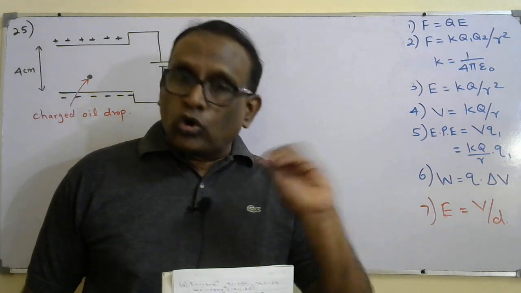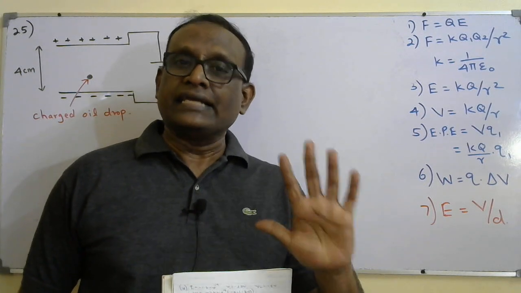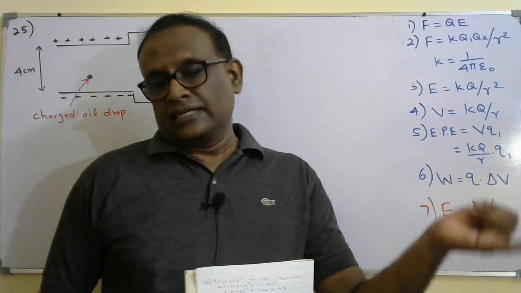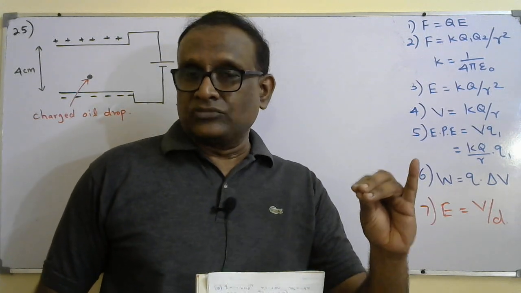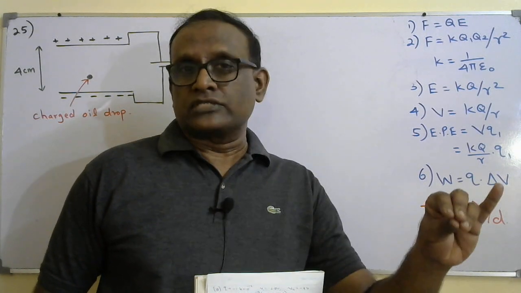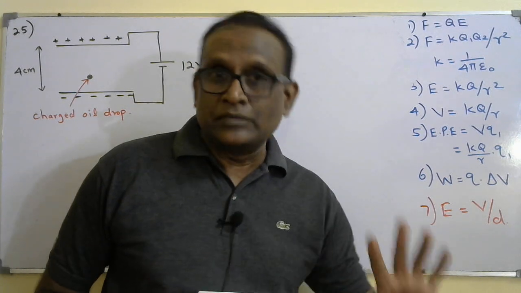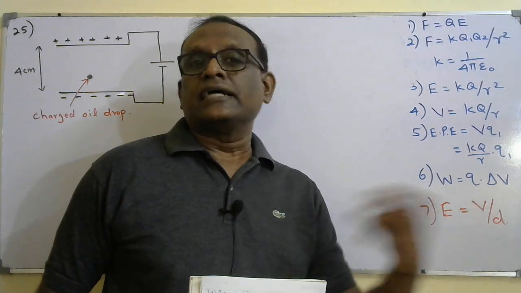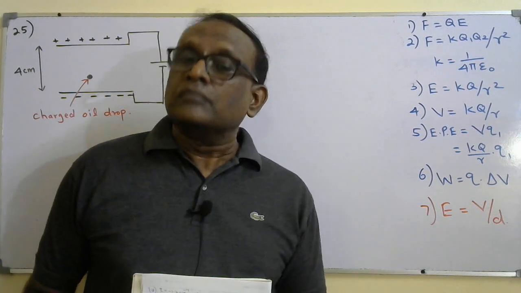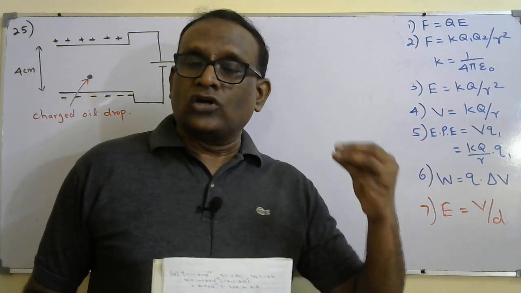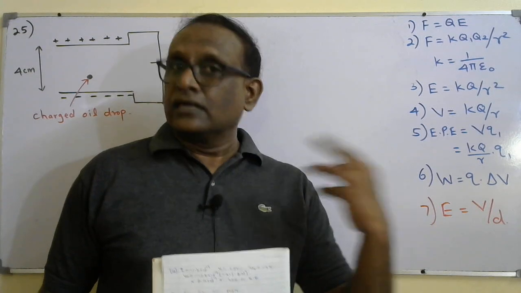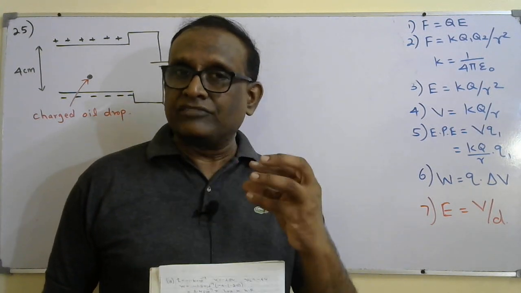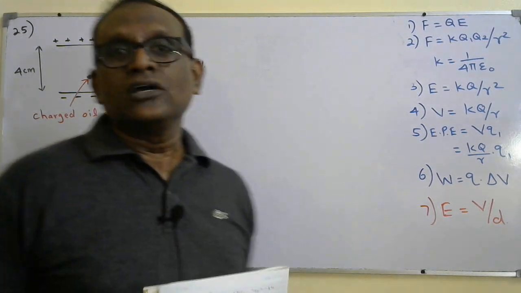But for the motion of charged particles like electron, proton, alpha particle, any type of nuclei, we don't consider the weight, because compared to the electrostatic force, the weight is negligible. But here this is an oil drop, so the mass is much larger compared to the mass of an alpha particle or any nucleus, so it will have a significant gravitational effect.